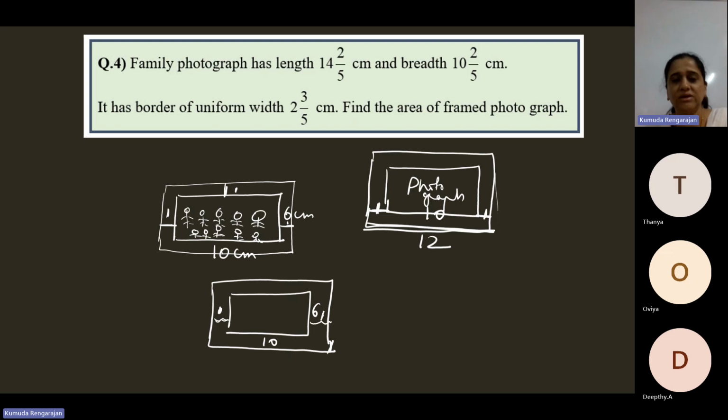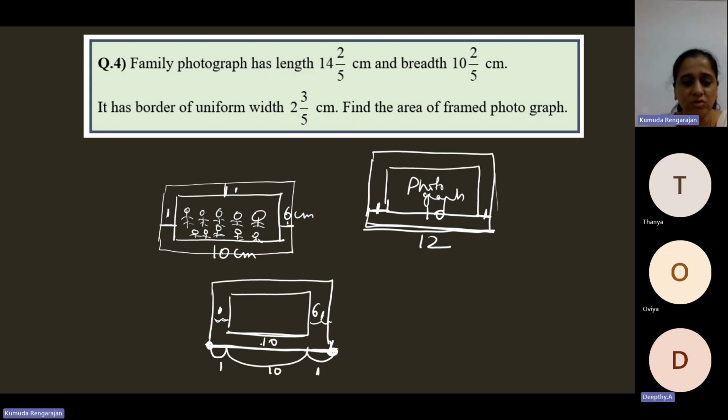Here also thickness 1 centimeter. So what will be the length from here to here? From here to here is 1 centimeter. From here to here is 10 centimeters. And from here to here is 12 centimeters. What will be the length from here to here?